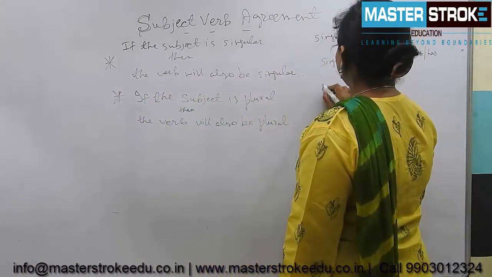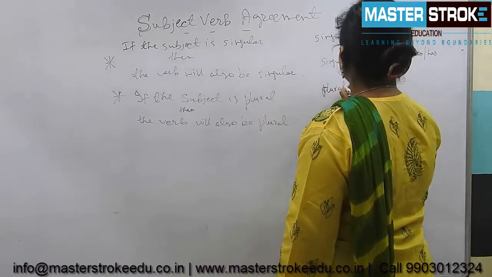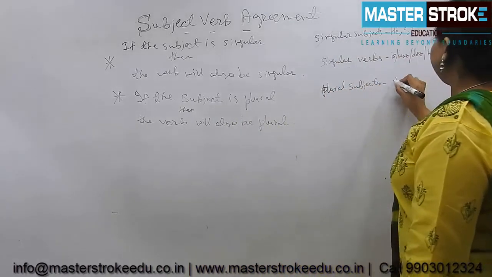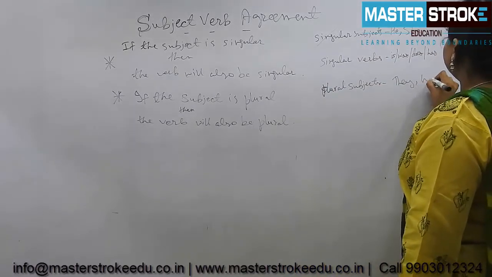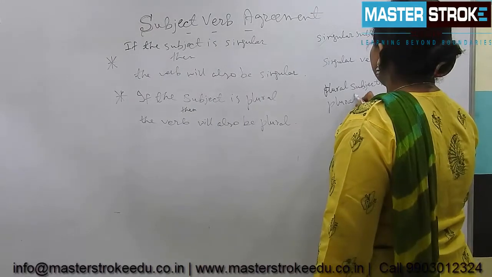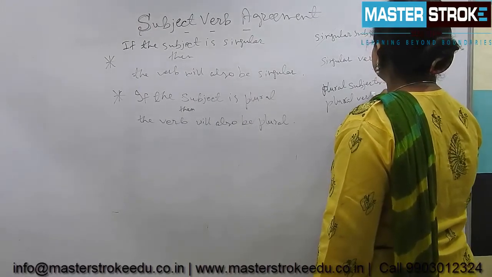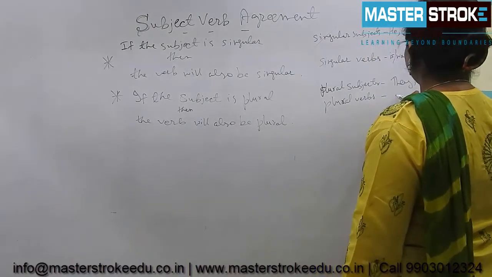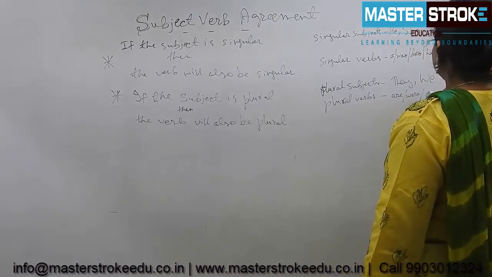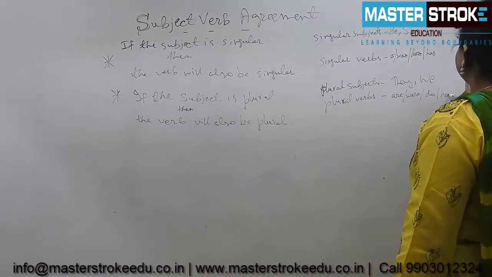So let's look at plural subjects. Plural subjects will be they and we. And plural verbs will be are, were, do, and have.